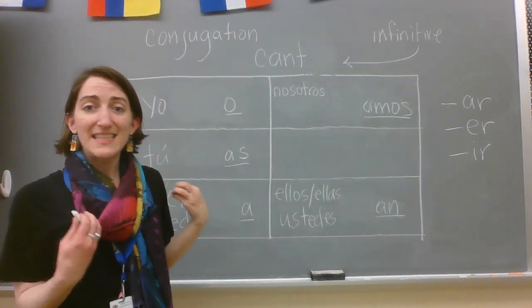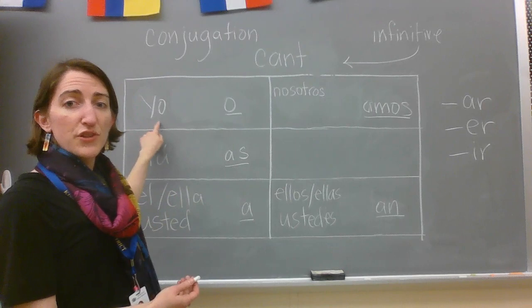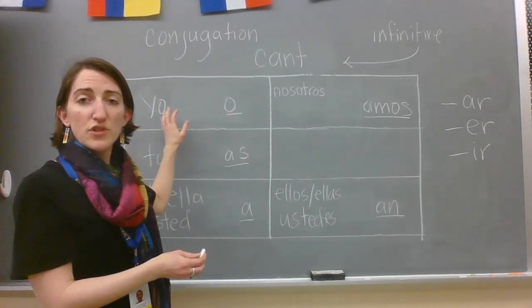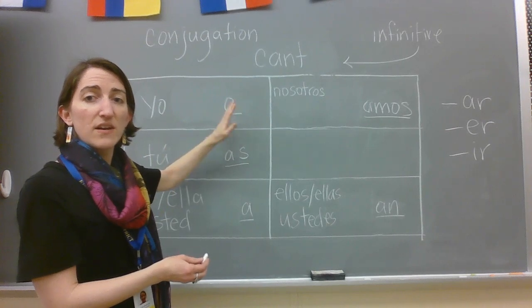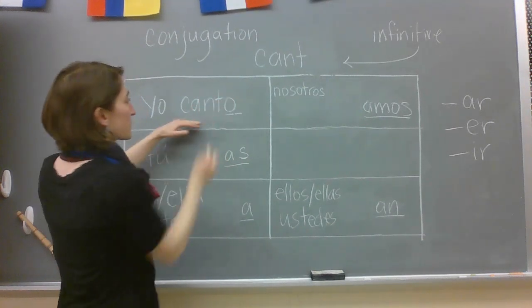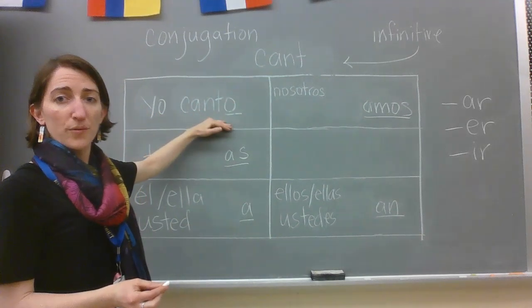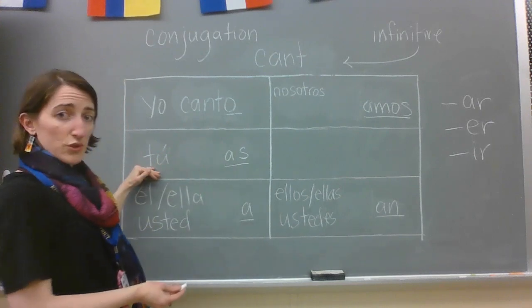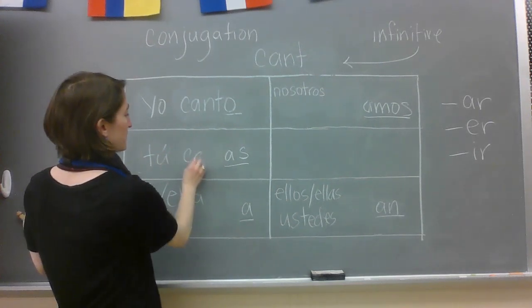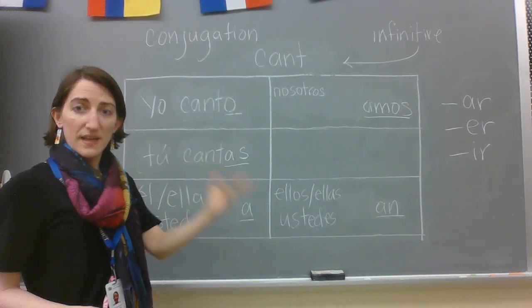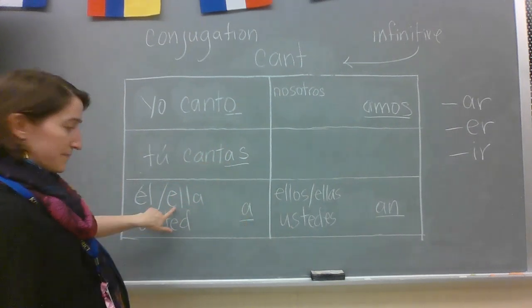So if I want to say I sing, the ending for the yo form, yo meaning I, is o. So I'm just going to put this ending on my stem. Yo canto. I sing. You sing. Tú cantas. She sings.